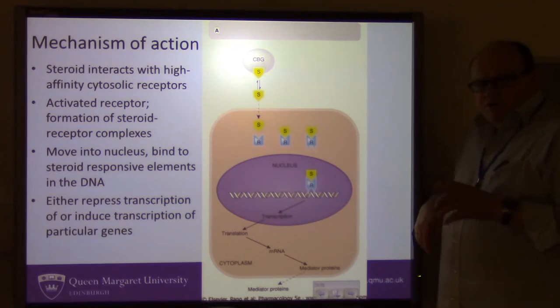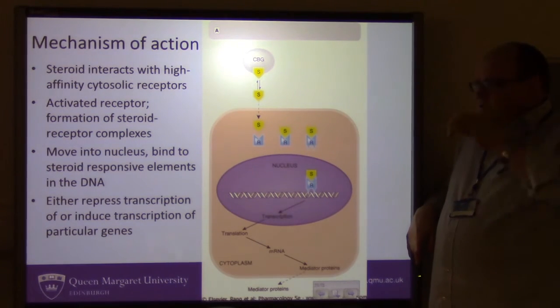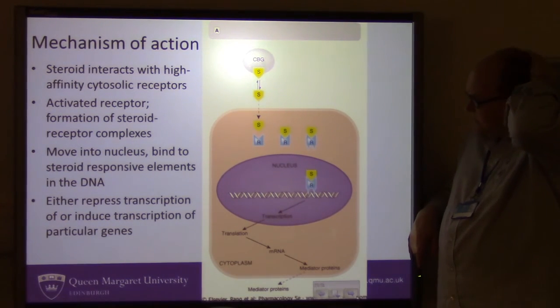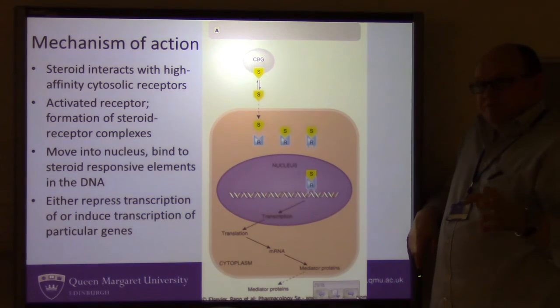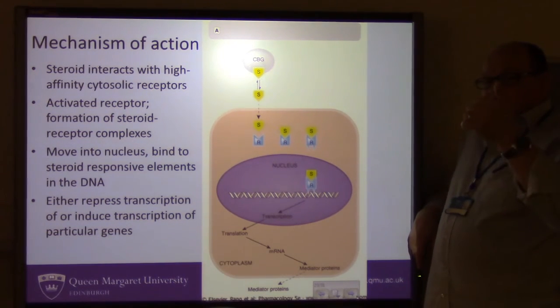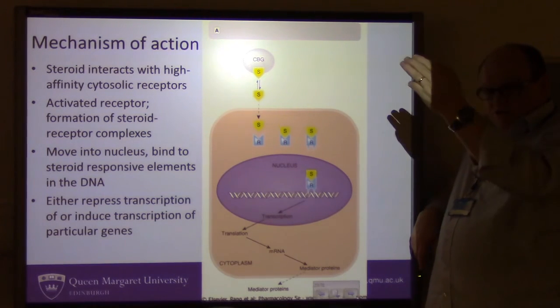The steroids work on a steroid receptor, and steroid receptors are nuclear receptors. That is, they're found inside the cell membrane. Take you back to the earlier lectures when we spoke about the four main types of receptors: G-protein coupled receptor, ligand-gated ion channel receptor, kinase or enzyme linked, and nuclear receptors.